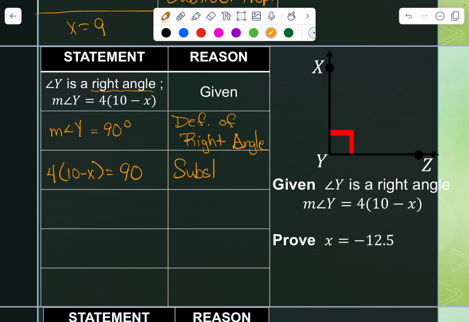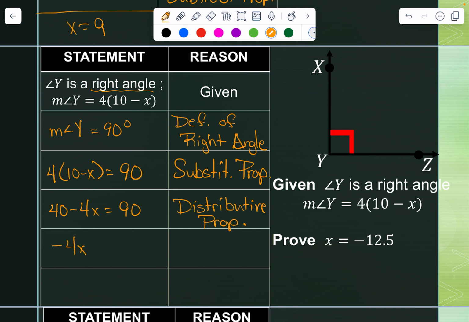Okay, then at that point, I can substitute in. Okay, then we can distribute. So 40 minus 4x equals 90. That is our distributive property.